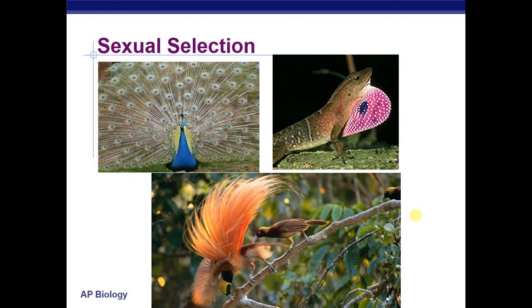Because what you need to understand about natural selection is that the fittest organism won't always be the one that is the best suited to the environment or is the strongest or the fastest. It is the one that can reproduce the most. So it's all about reproduction.